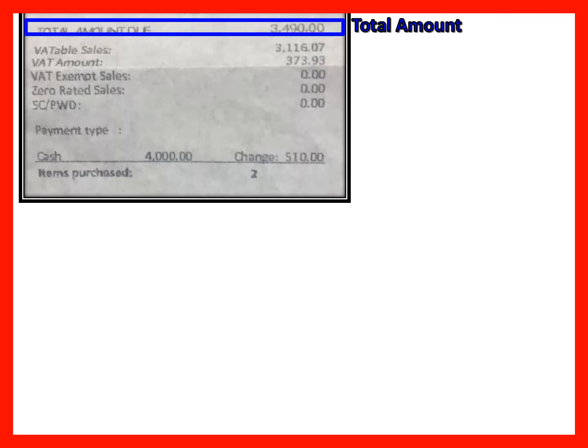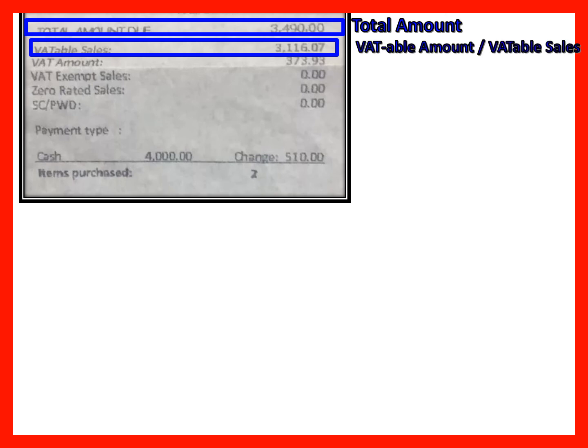This is the value of total amount due, 3,490 pesos. And this is our VATable amount, but in this receipt it is labeled as VATable sales. Okay? Another thing is the VAT amount or the value added tax.